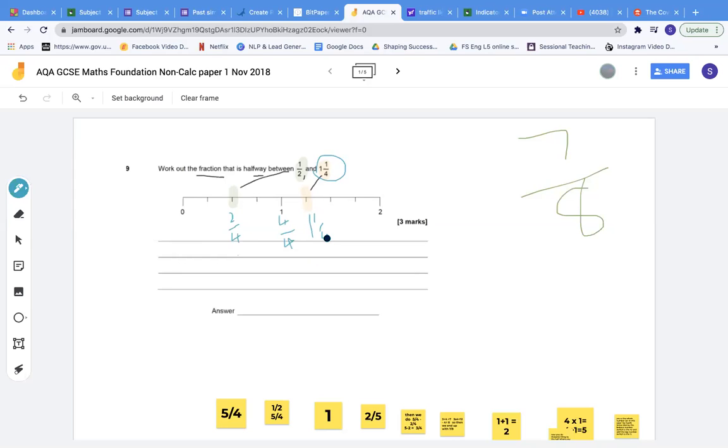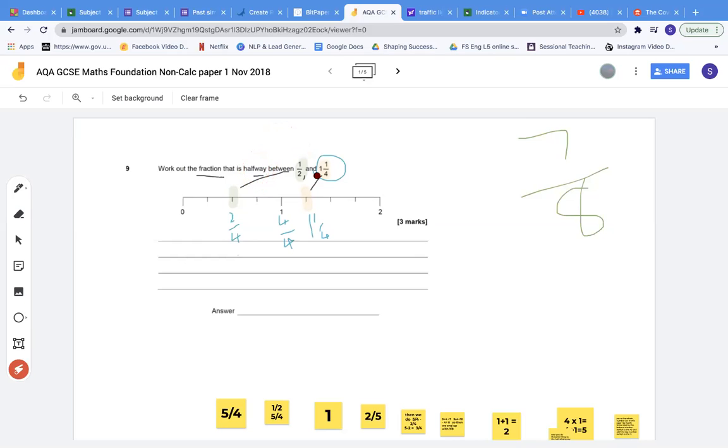What's next? So then we would, let me remember. Halfway between. Okay, so it will be 1. Halfway what? Between a half and 1 1/4.